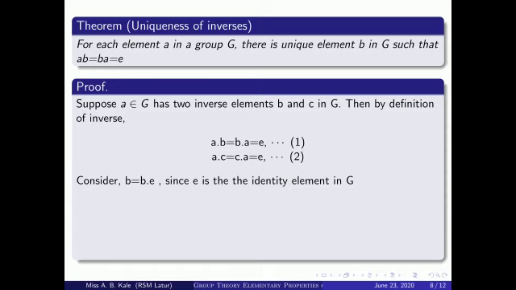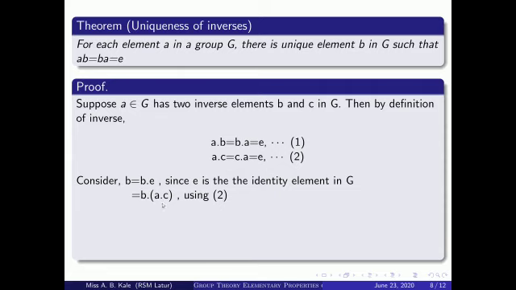Now consider B is equal to B dot E, since E is the identity element of G. Therefore, from second we can write it as B dot A dot C, since A dot C is identity.